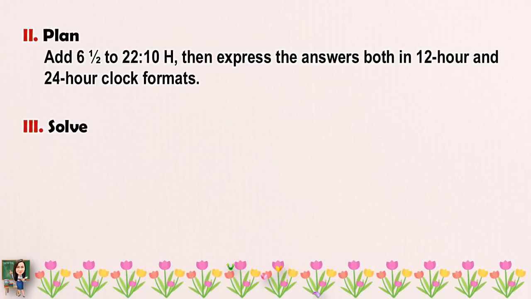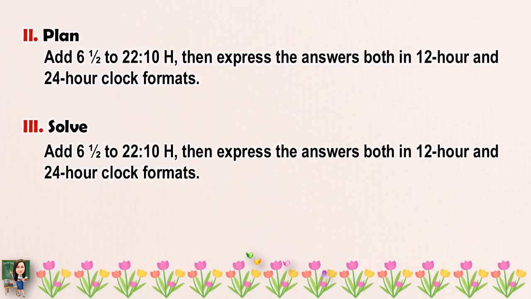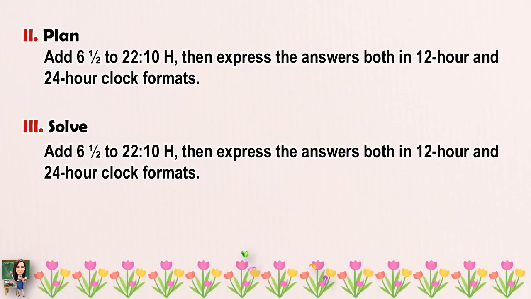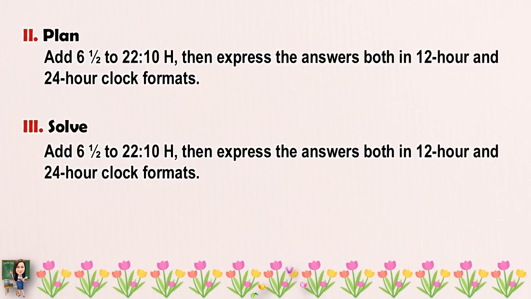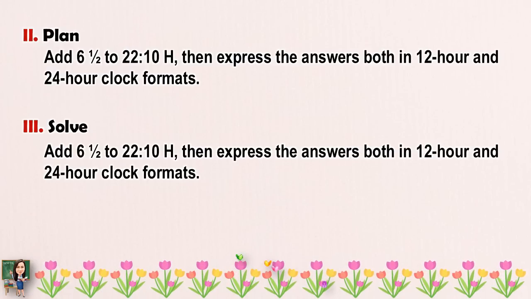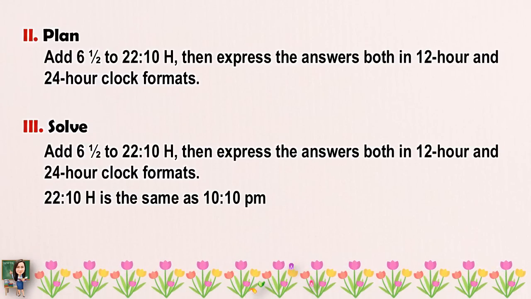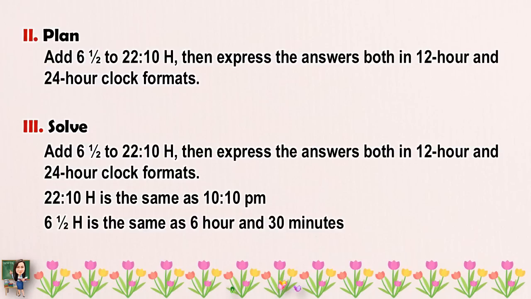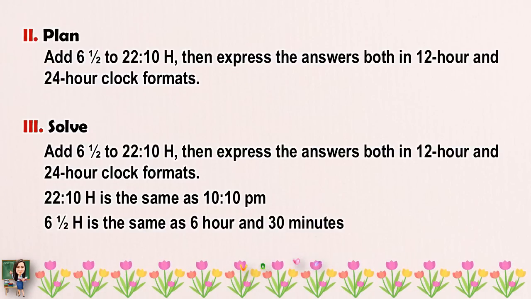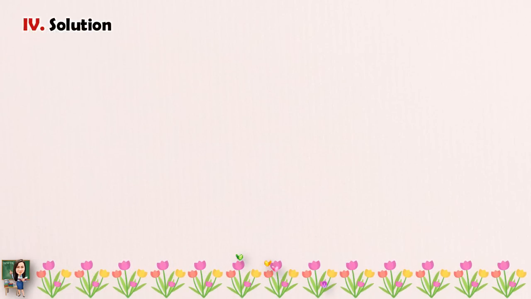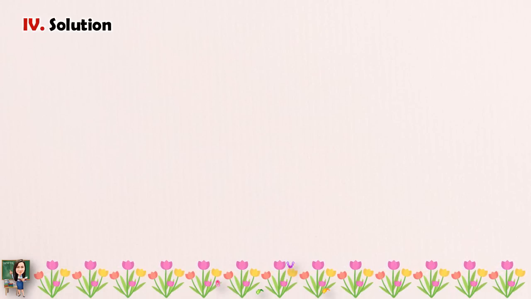Now the third step is to solve. 2210 hours is the same as 10:10 p.m. 6½ hours is the same as 6 hours and 30 minutes. And step 4, you are going to get the solution.